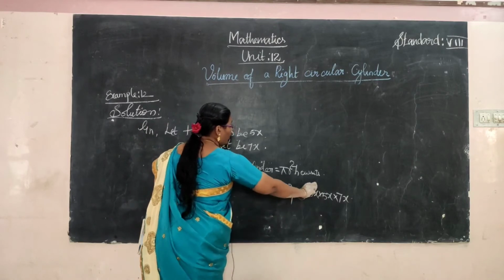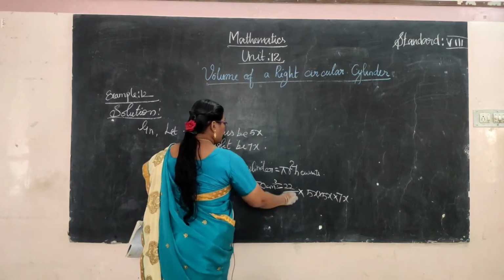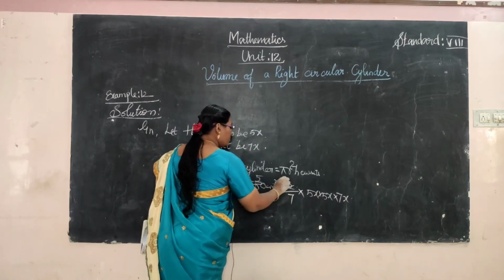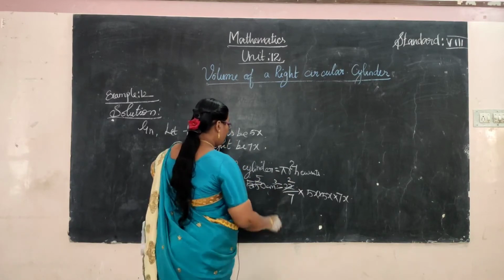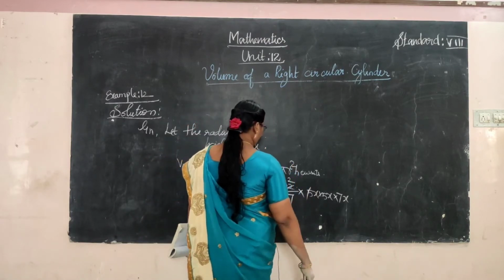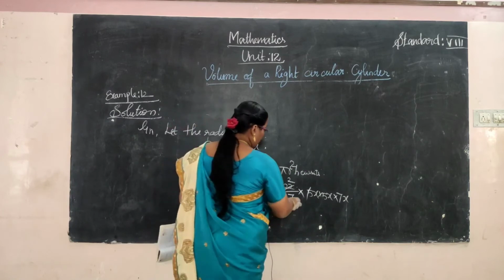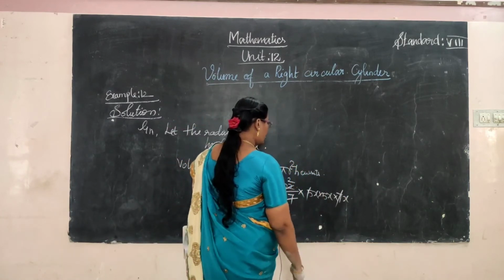Now we have to find out the x value. It cancels, in 11 table, 5 times 2 times. So 5 will be cancelled here, and here 7 will also be cancelled.